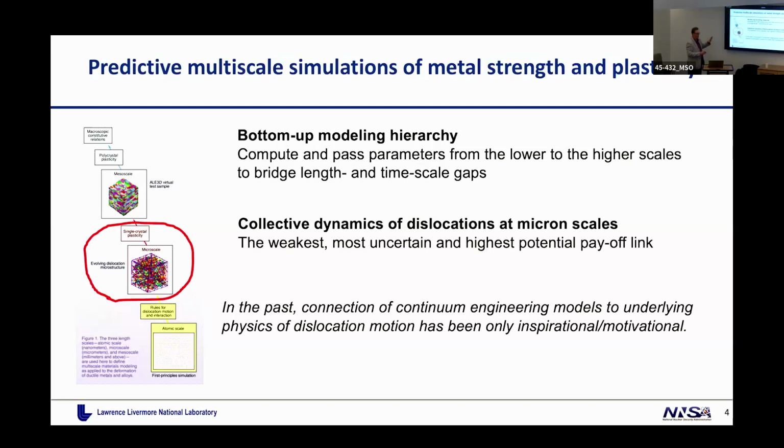And I would say that prior to our program starting in '95, the connection between dislocations, I'll tell you what they are in a second, and actual behavior of materials was mostly motivational or inspirational. I would say even now, to a large extent, but we thought to change that.